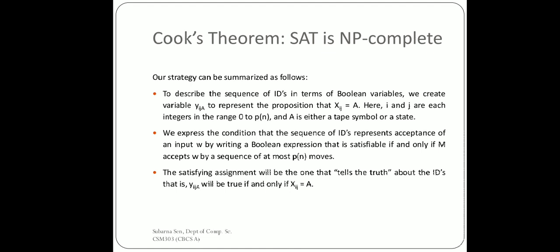We cannot move to other states where the movement should not be there. So here x_ij should be a, and since we are considering x_ij to be my state symbol, it can be true only if we follow the correct state, otherwise it will not be true.